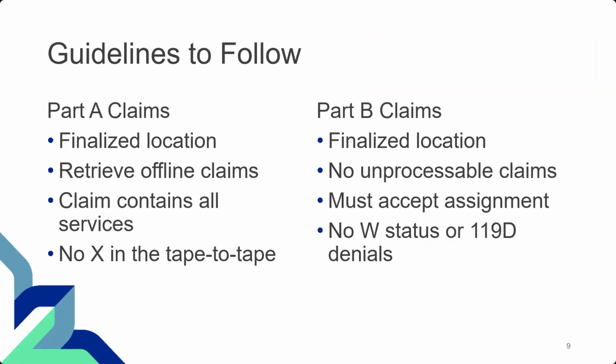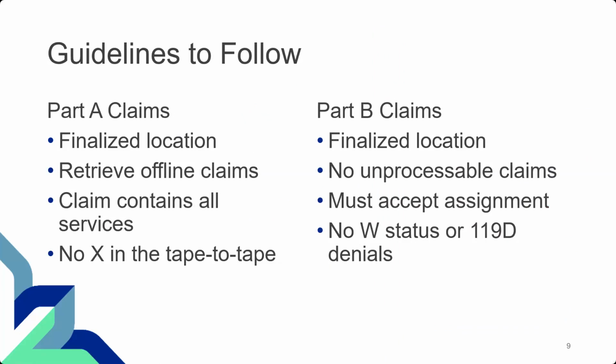Now, when you request an appeal, there are some guidelines to follow. For Part A claims that are billed on a UB-04 or an 837I, the claim should be in a finalized location. If your claim is offline, it will need to be retrieved before a redetermination request can be made.